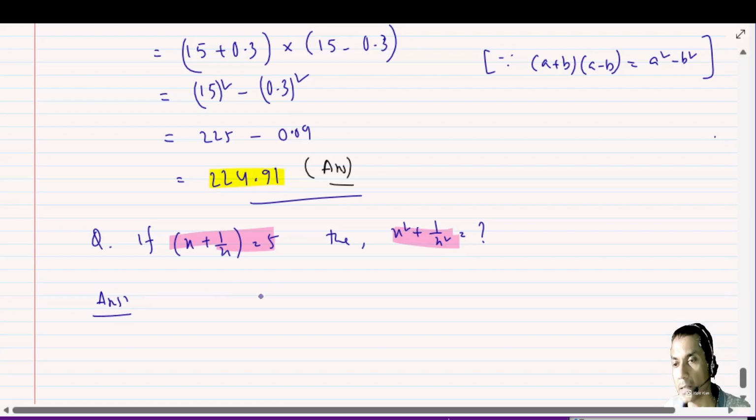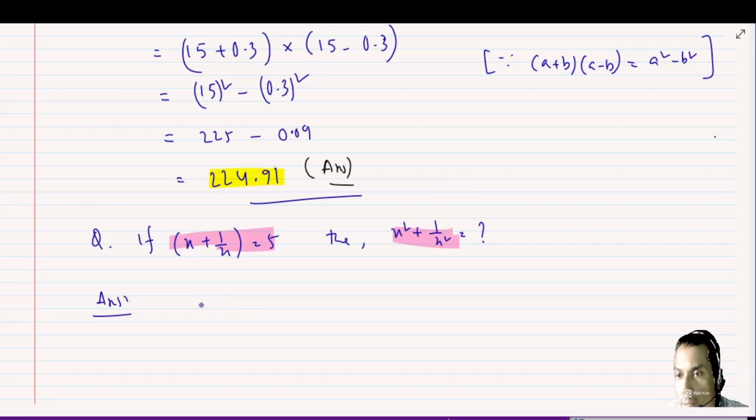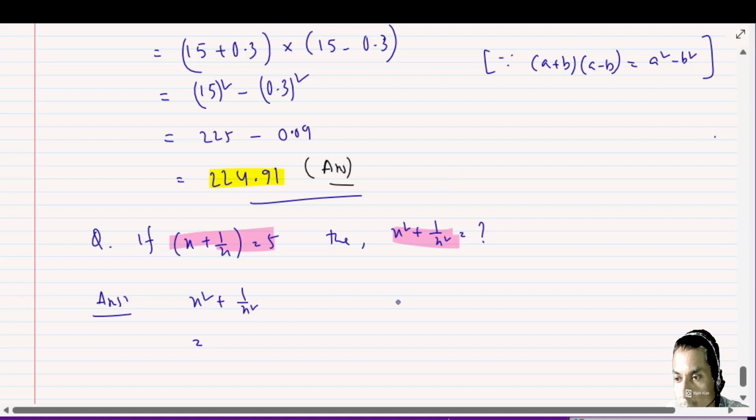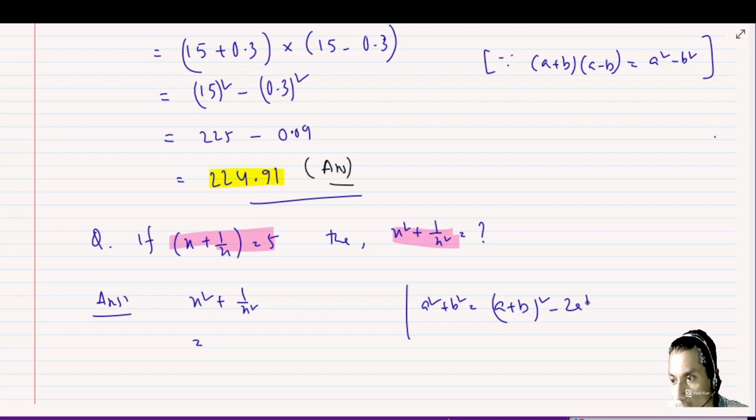By applying the algebraic identity formula, x square plus 1 by x square is equal to, we know that a square plus b square is equal to (a plus b) whole square minus 2ab. Clear?